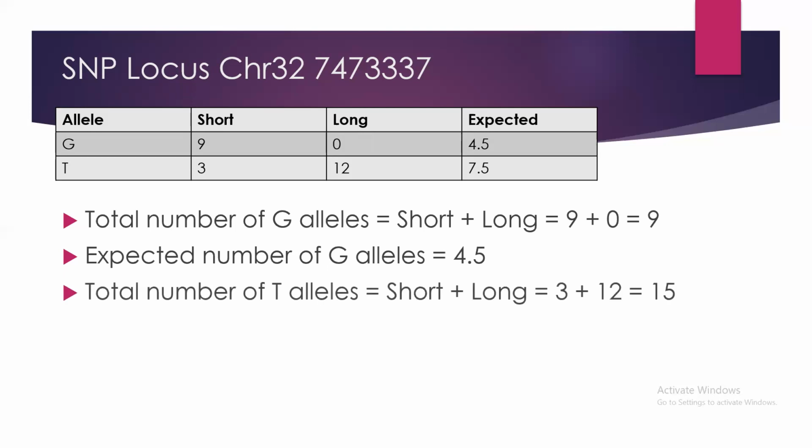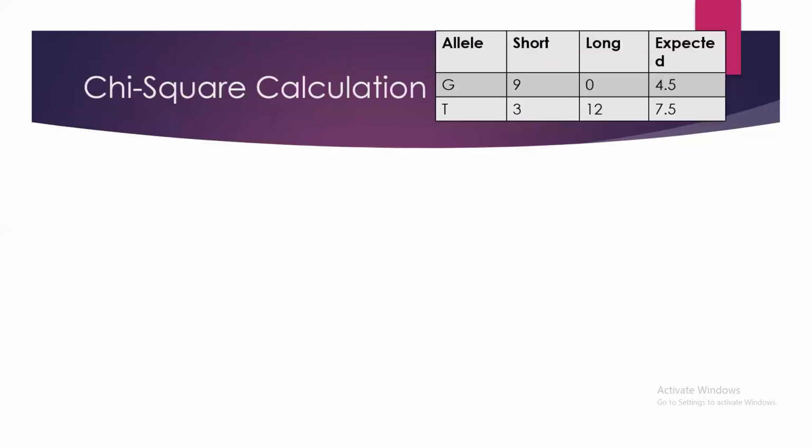On the T's, we have 3 plus 12, and if there were no difference between these, we would have expected 7.5 for them. So pulling these numbers up to the corner so that we can pull them as necessary.